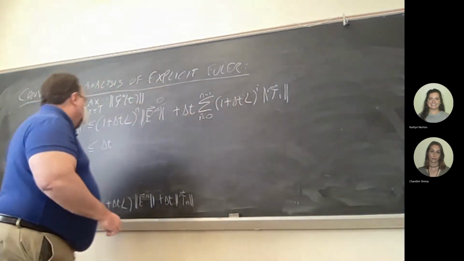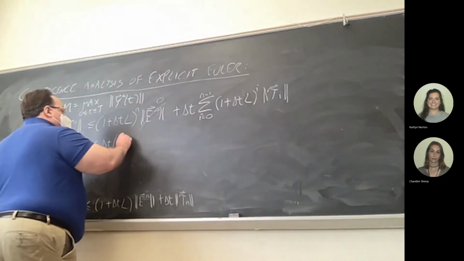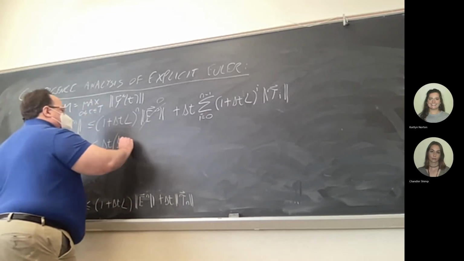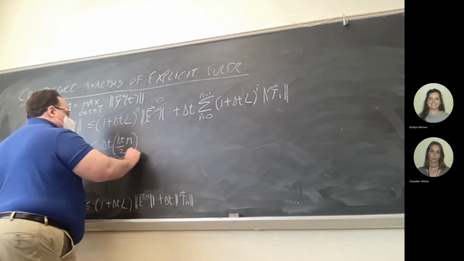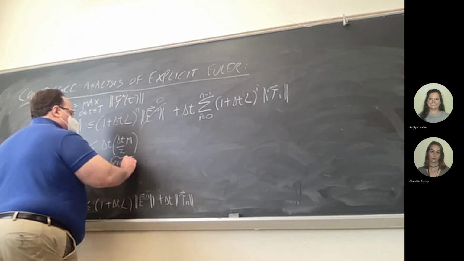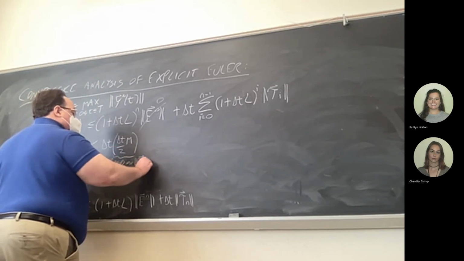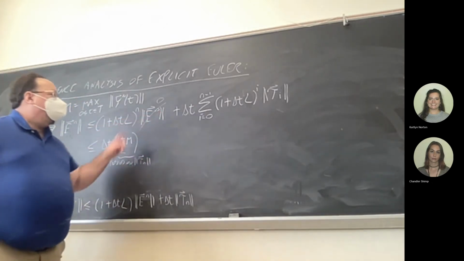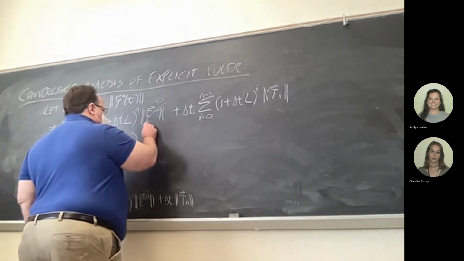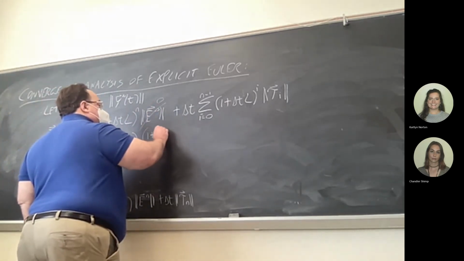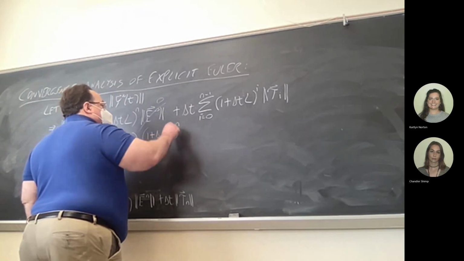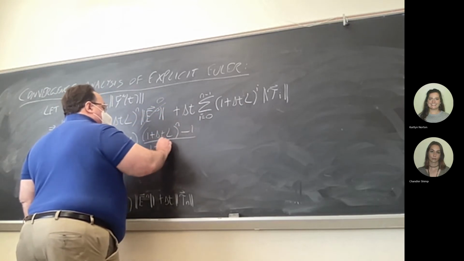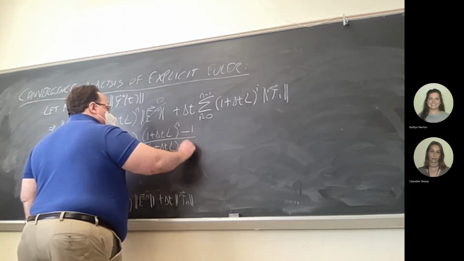Recall that the local truncation error is ΔT over 2 times the second derivative, which is bounded by M. So this is a bound on the local truncation error right here, this ΔT over here. And then the formula for the sum is ((1 + ΔT L)^(n+1) − 1) over ((1 + ΔT L) − 1).